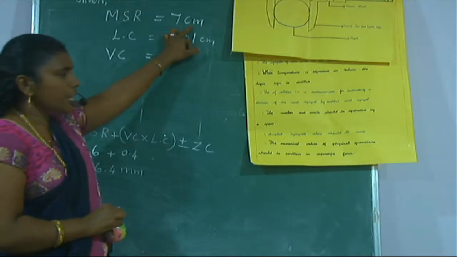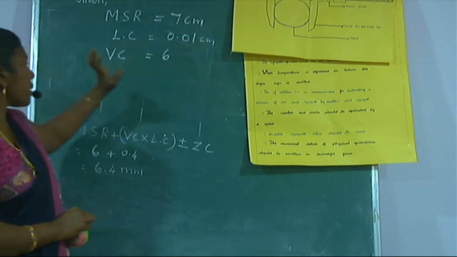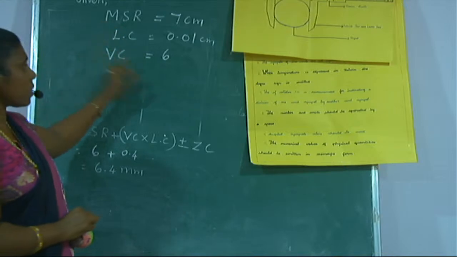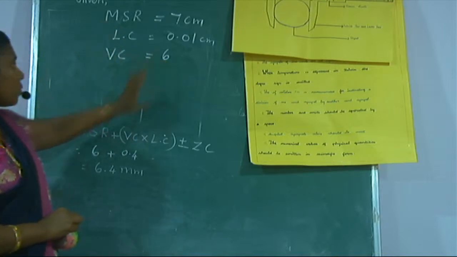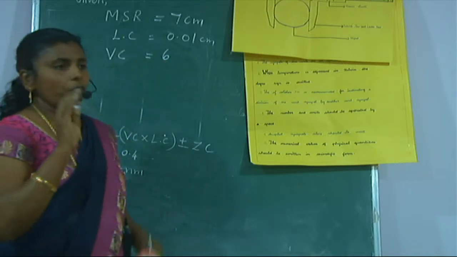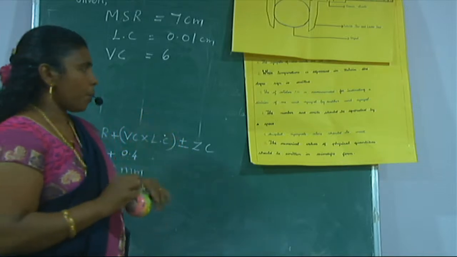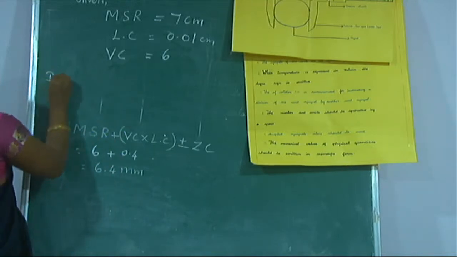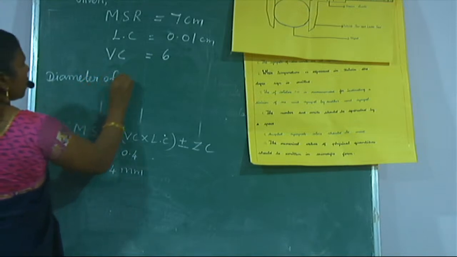Suppose this is given in millimeter, then you have to write the least count value as 0.1 millimeter. Then VC, the vernier coincidence given in the question, is the 6th division. So VC equal to 6. Then we have to find the radius of a rubber ball. First, we can find the diameter of the rubber ball.